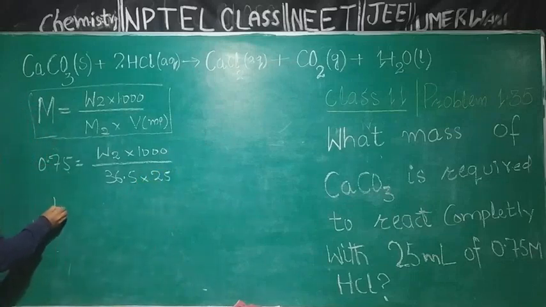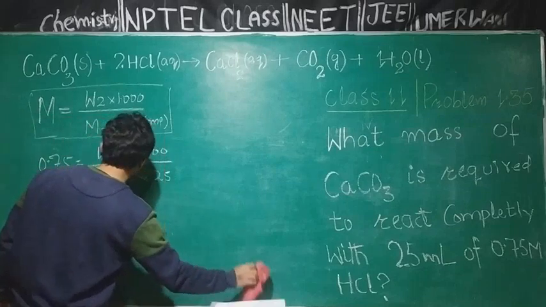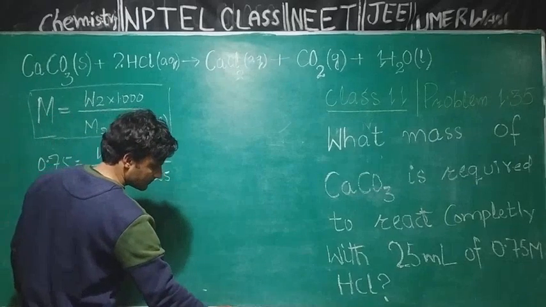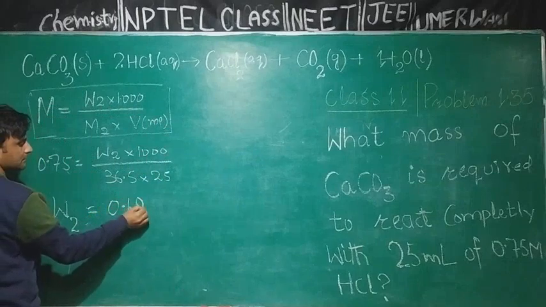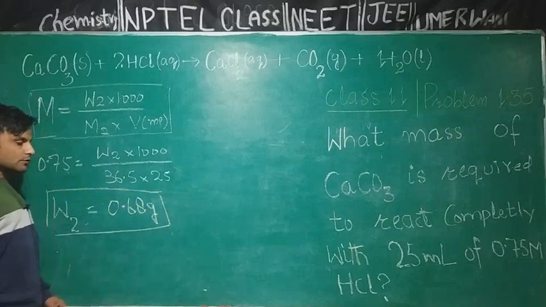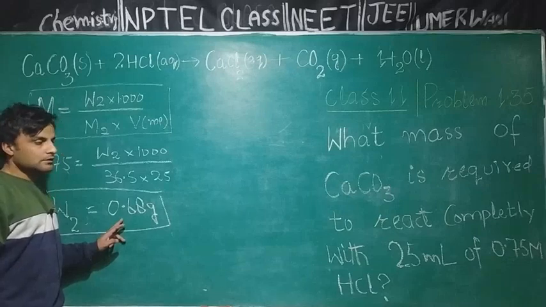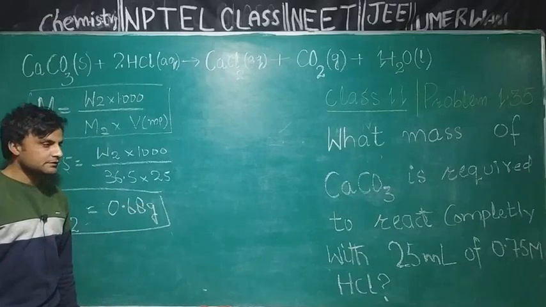Solving this equation for W2, the value comes to 0.68 grams. So 0.68 grams of HCl are dissolved in 25 ml of 0.75 molar aqueous HCl solution.